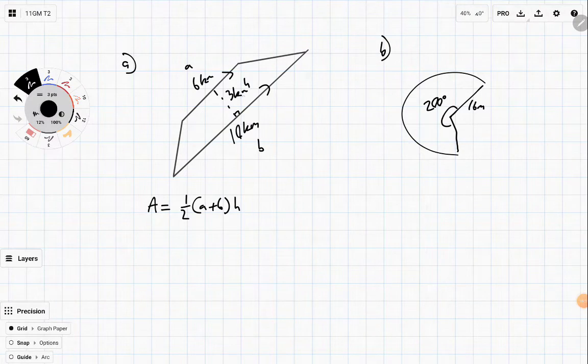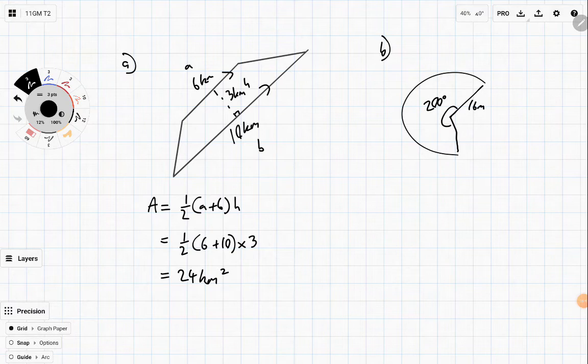That's 3 kilometers. So in this case, it's going to be a half 6 plus 10 times 3. 6 plus 10 is 16. 16 times a half is 8. 8 times 3 is 24 kilometers. And because we're doing area, it's going to be square units, so square kilometers, which is a lot.